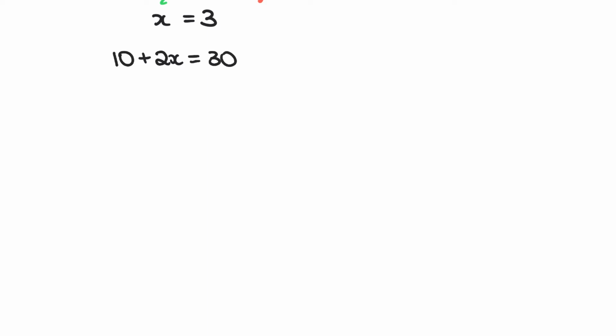Now in this instance, they put the constant in front of the variable, but we just need to remember that that does mean the same thing as 2x plus 10. So these two statements here on that left-hand side, the 10 plus 2x means the exact same thing as 2x plus 10.